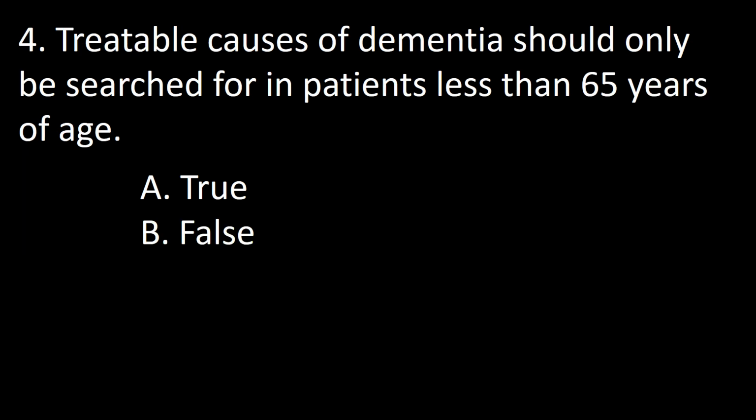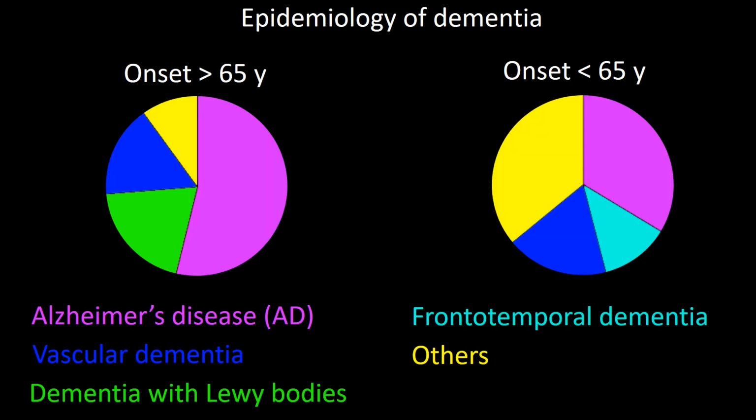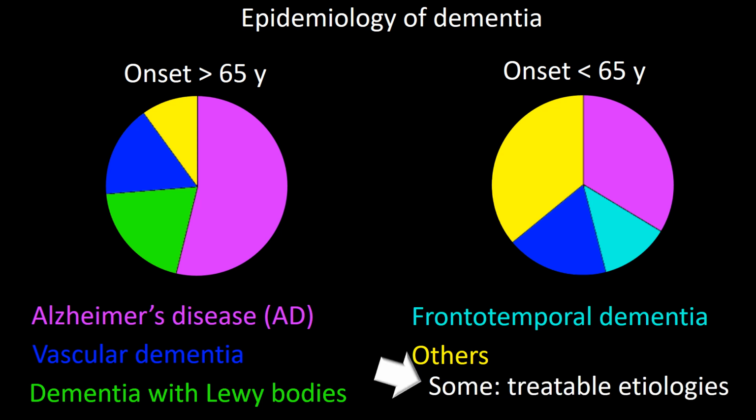Next question. Treatable causes of dementia should only be searched for in patients less than 65 years of age. A true, B false. If we go back to the pie charts, you can see a group labeled others. In this group, we have included treatable disorders.